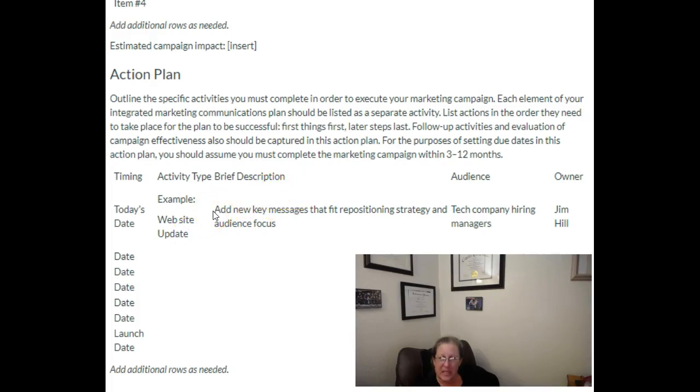You want to be detailed and organized. Okay, so first things first, and then the later steps last. And then any follow-up activities and evaluation of the campaign effectiveness should also be captured in the action plan. And then just assume that you're going to be completing this marketing campaign within 3 to 12 months.